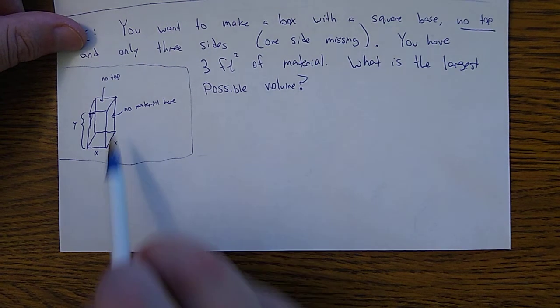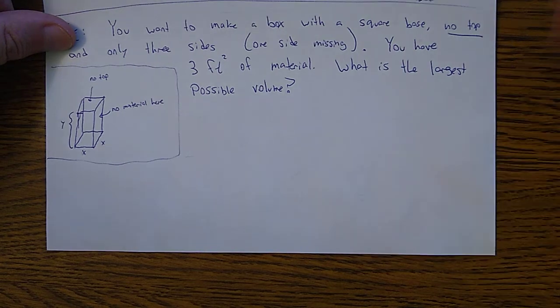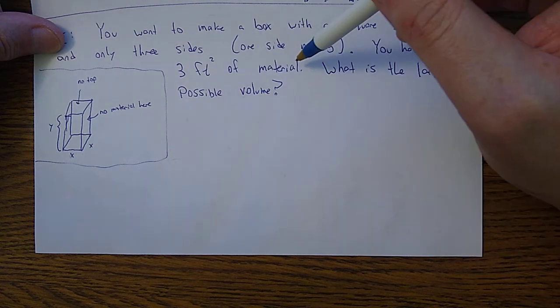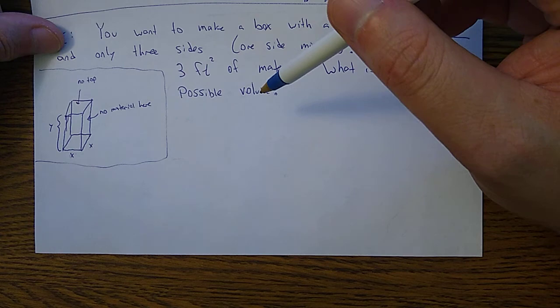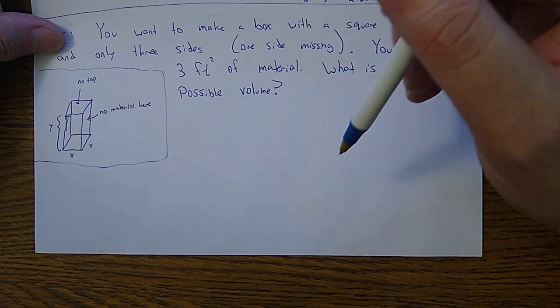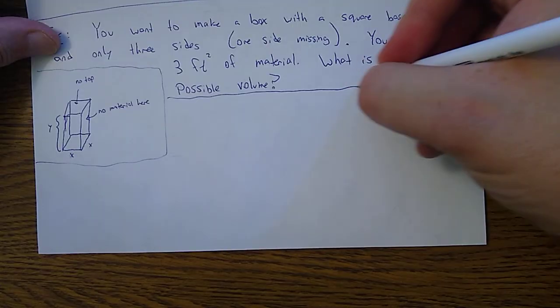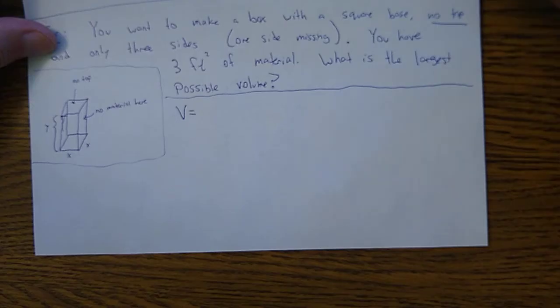Okay, so I want to make a box like that. The top missing and one side missing. We have a total of 3 square feet of material. And the question is, what is the largest possible volume? Well, this is a question about volume.